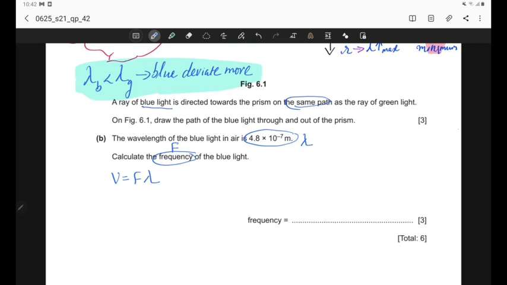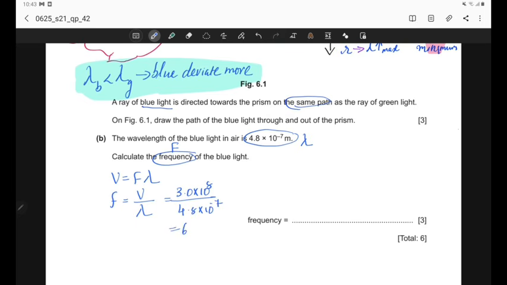In order to calculate frequency, we can make frequency the subject, so we will get speed of light over wavelength, where the speed of light, light being an electromagnetic wave, is constant, that is 3 times 10 to the power 8, over wavelength, which is given, that is 4.8 times 10 to the power minus 7.